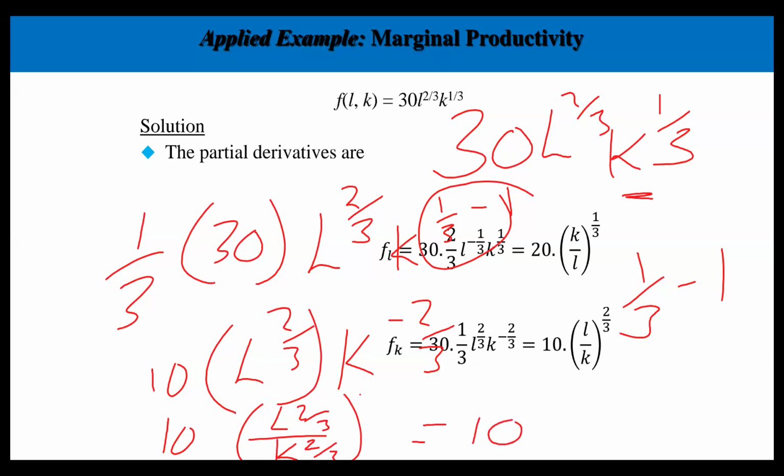So you have 10 multiplied by L over K to the power 2 over 3. So basically, that's how you deal with the partial derivative. This one will be the marginal product of what? Capital, because we are differentiating the production function with respect to capital. So that's how you work out this.